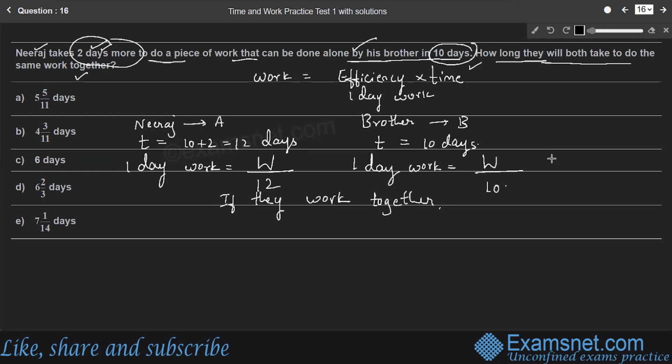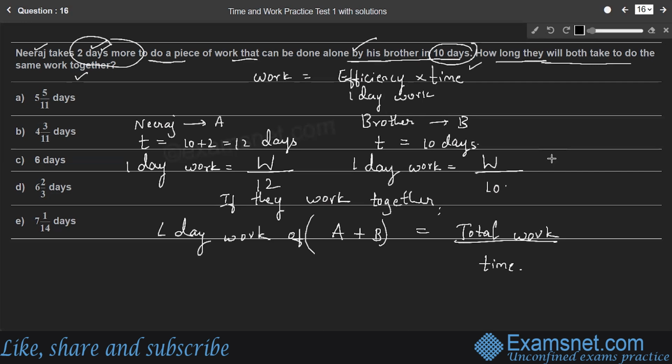If they work together, their 1 day work, 1 day work of A plus B, is equal to total work by time, by the formula: 1 day work is always total work by time. That is the efficiency of A and B working together.